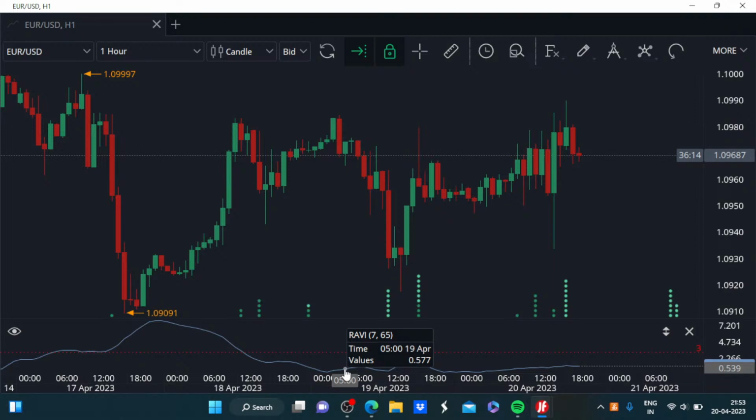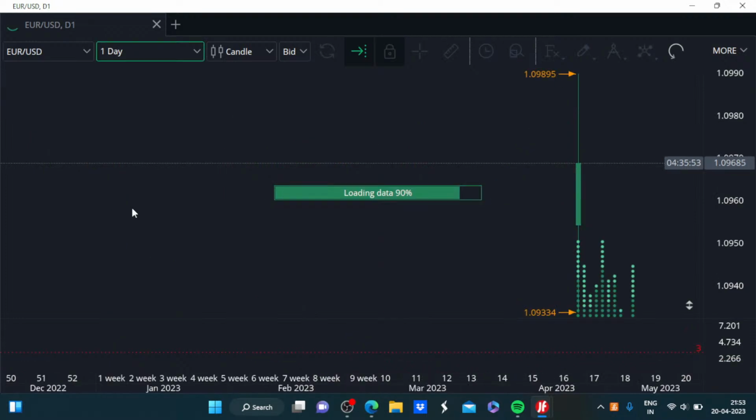If we simply change the chart to daily, then that will be the simple conclusion. You can consider the last 7 period price action being compared to the last 65 candle period worth of data. So that is how this indicator is calculated.